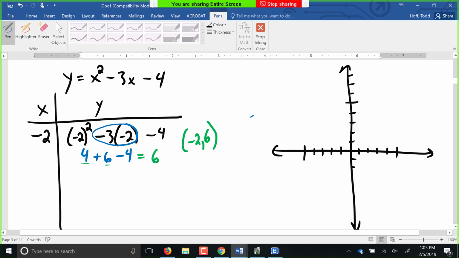I'm going to go ahead and put that point on my graph, because it's not like a line where it doesn't matter what points. It's going to matter what values of x I pick here. And having points on the graph helps me figure out what values of x to use. So I'm going to go at (-2, 6). Right there is that point.